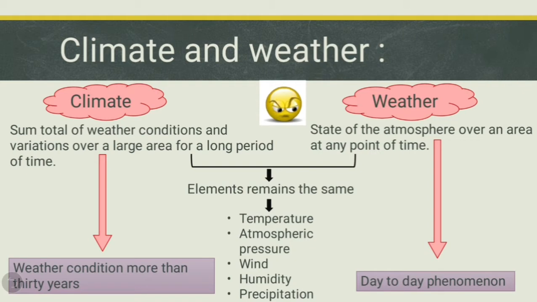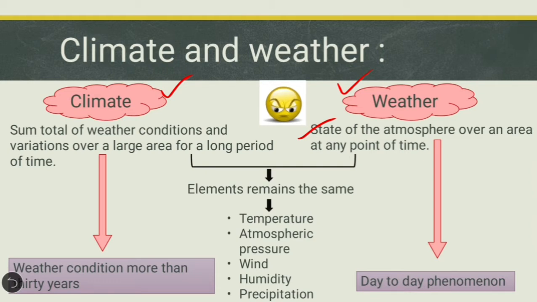In this part we'll see what the difference between climate and weather is. Are they different or are they the same? So climate versus weather, or weather versus climate. First of all, let us understand what weather is. It is the state of the atmosphere over an area at any point of time. What is the state of the atmosphere?